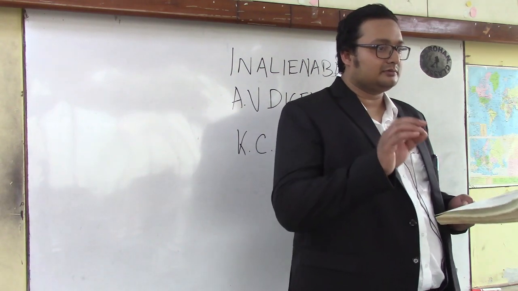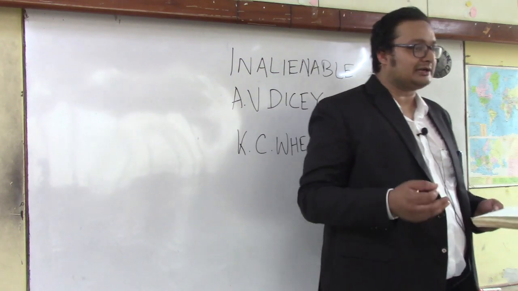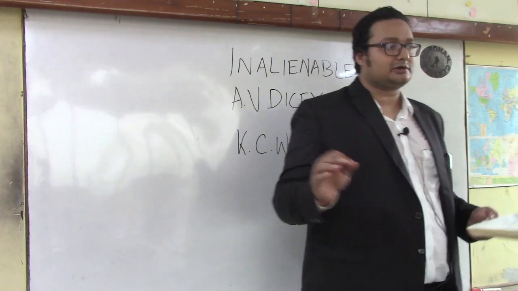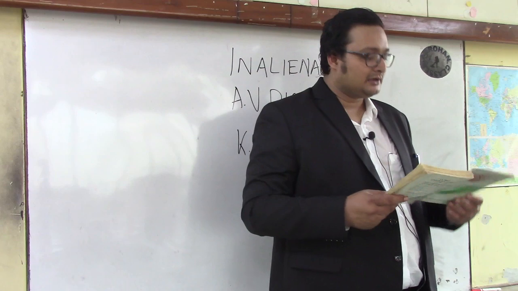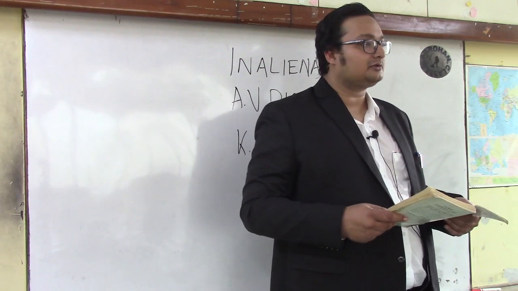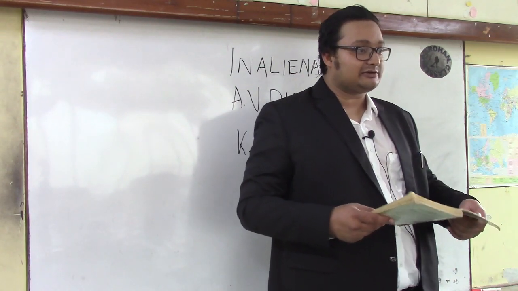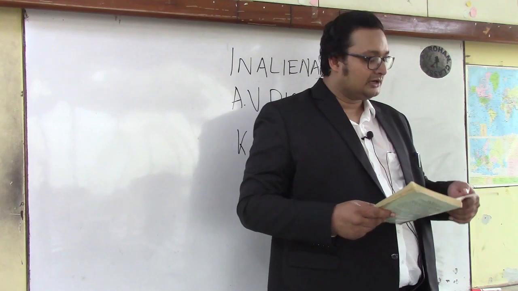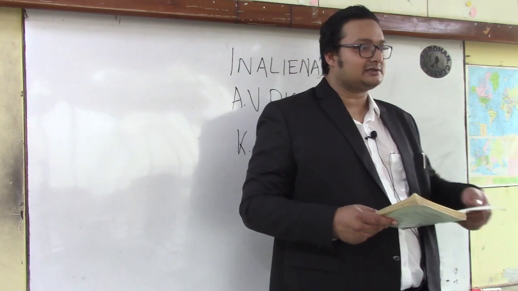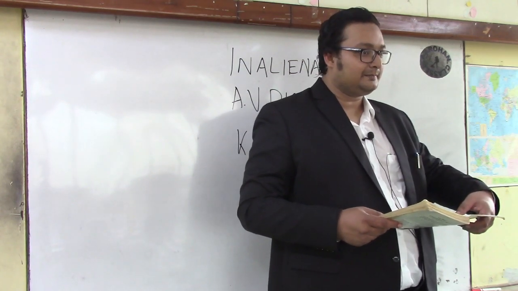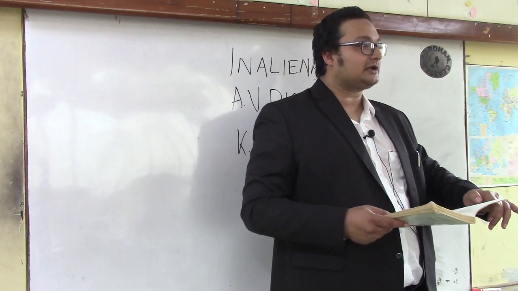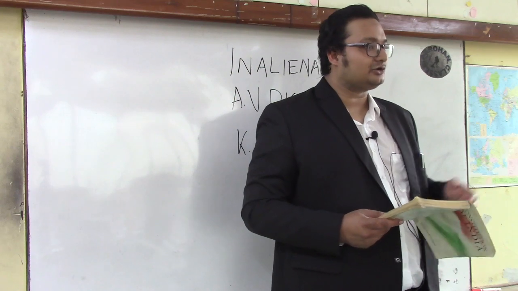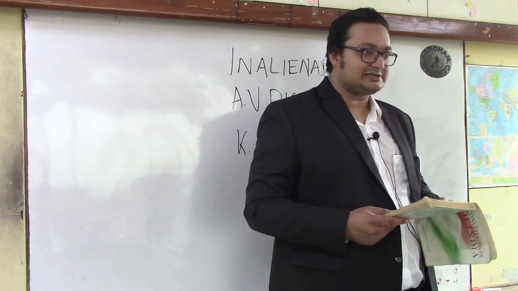When we are interpreting a statute, this is very fundamental interpretation of statutes. You have to read first of all the basic definition. The definition is given in Article 12, right? 12 says that state means these 6 things, 5 of which are given very specifically. The 6th one, other authorities, is a little vague. We'll get into that.